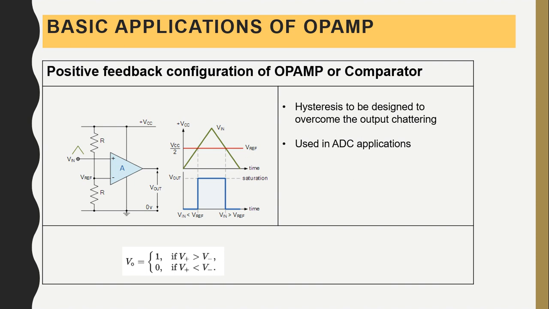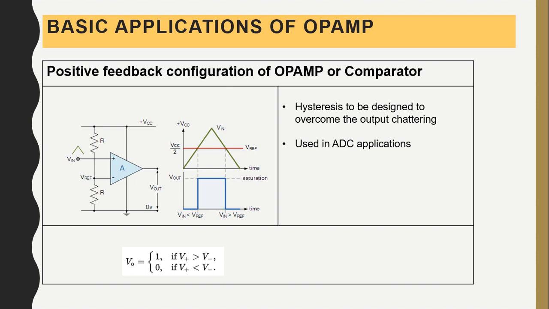All right. So how this will operate is, you can see here, if the voltage at the plus terminal is greater than the voltage at the negative terminal, it will result in the positive supply voltage.